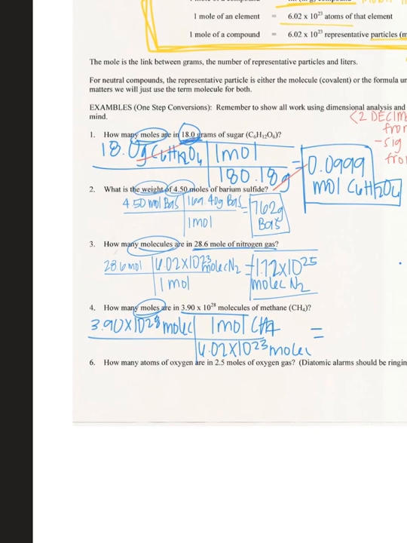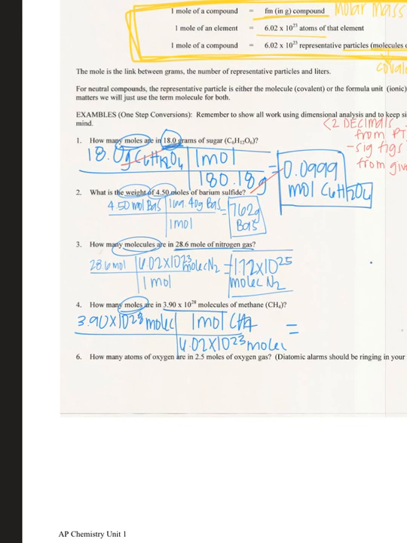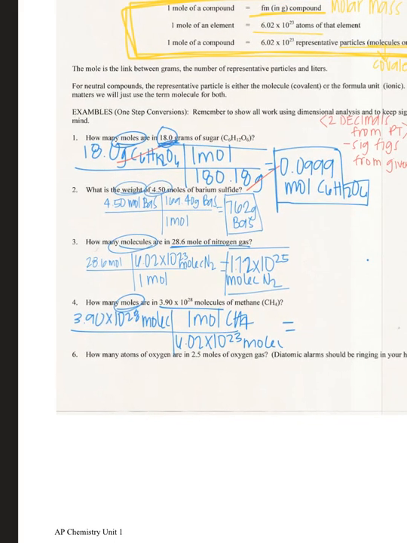So my answer is 6.48 times 10 to the 4th moles of methane.